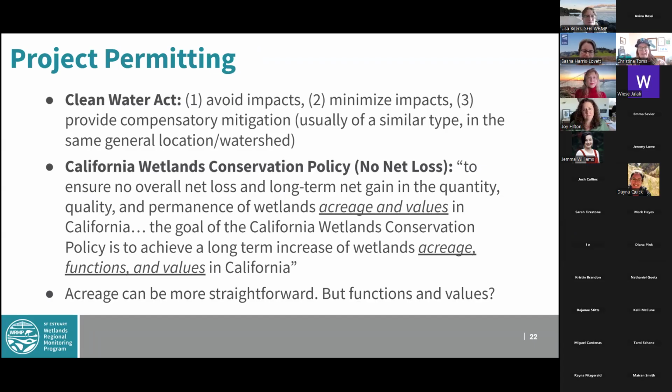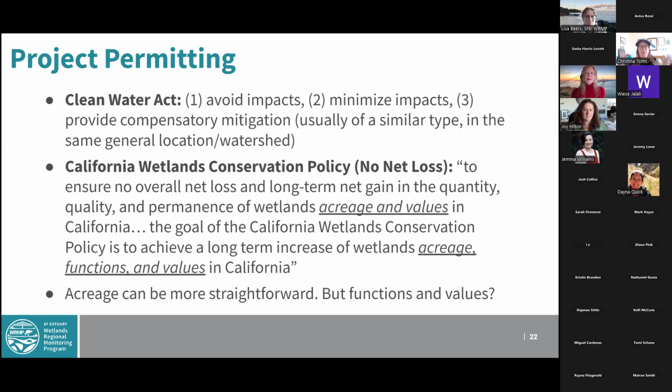And if you still have impacts, then you try to provide compensatory mitigation. And that compensatory mitigation for impacts to wetlands and waters, you usually provide compensatory mitigation of a similar type, often in the same general location or watershed. Again, I'm speaking in broad generalities, so every single project is different, and there's a lot of nuance in how we apply these regulatory frameworks.